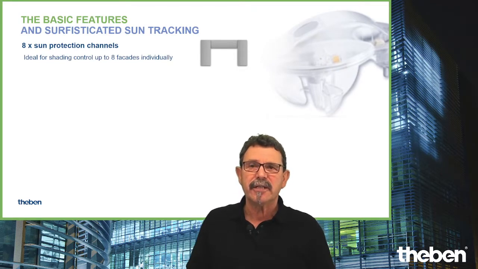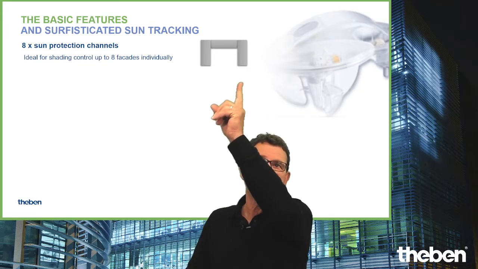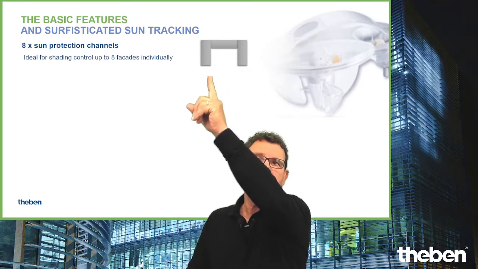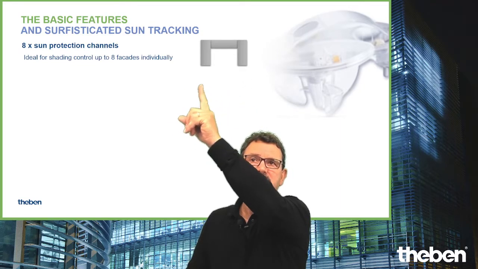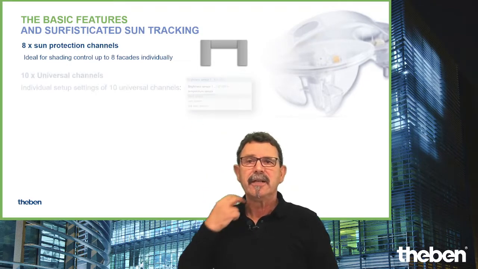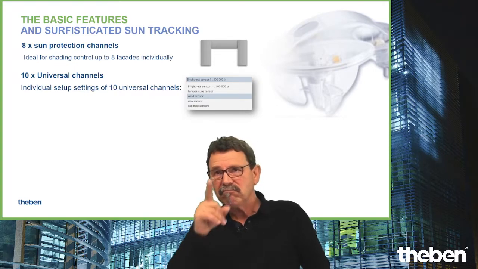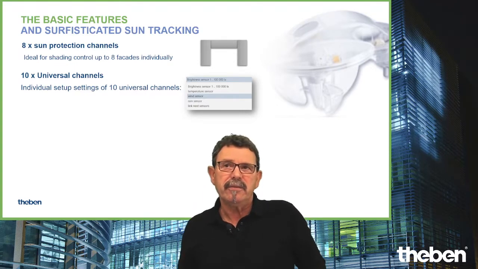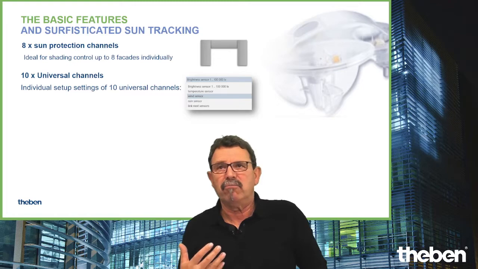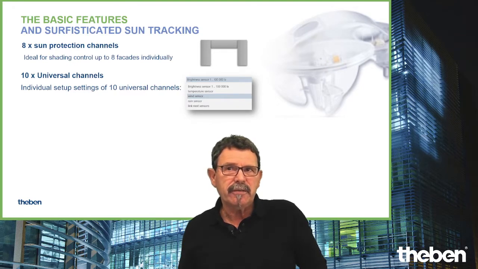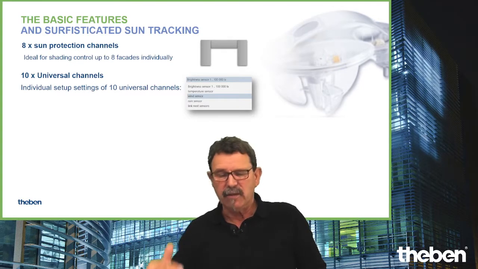So these 8 facades. If you count exactly 1, 2, 3, 4, 5, 6, 7, and 8 from the back side, that means we do have all options here. You can do threshold switching according to brightness, and then run the blinds down.